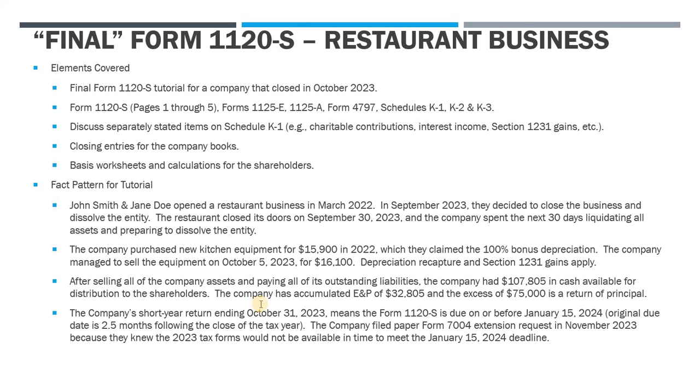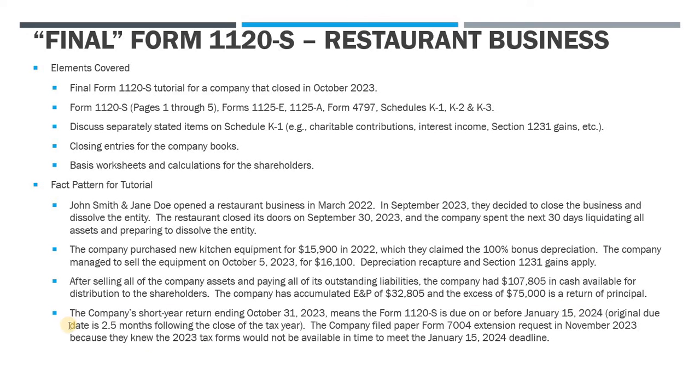Now, after selling all the assets and paying all of its debts, the company had $107,805 in cash available. And so we'll see how that amount gets recorded on the return and in the K1s, and how it really comprises two items, right? It's a reduction to retained earnings, so a distribution of E&P, and then there's a return of principal amount.